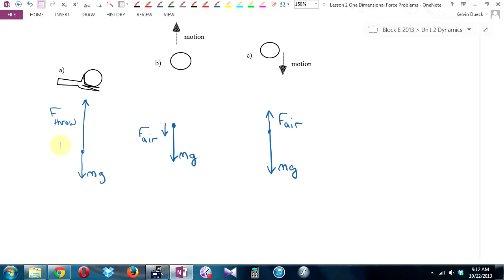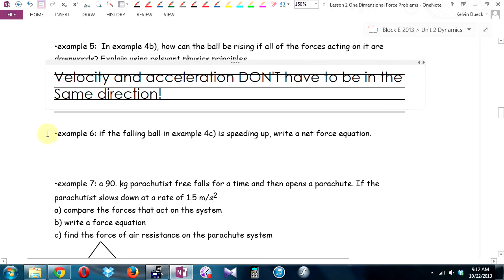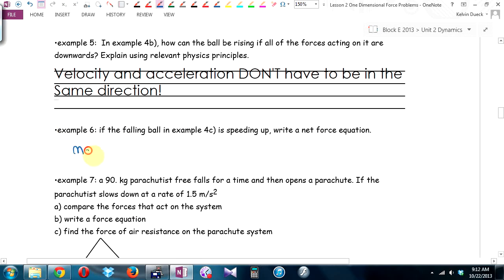Who's winning? Gotta be gravity. It's accelerating down. Who's losing? Your equation would look like this. Gravity, take away air resistance equals ma.